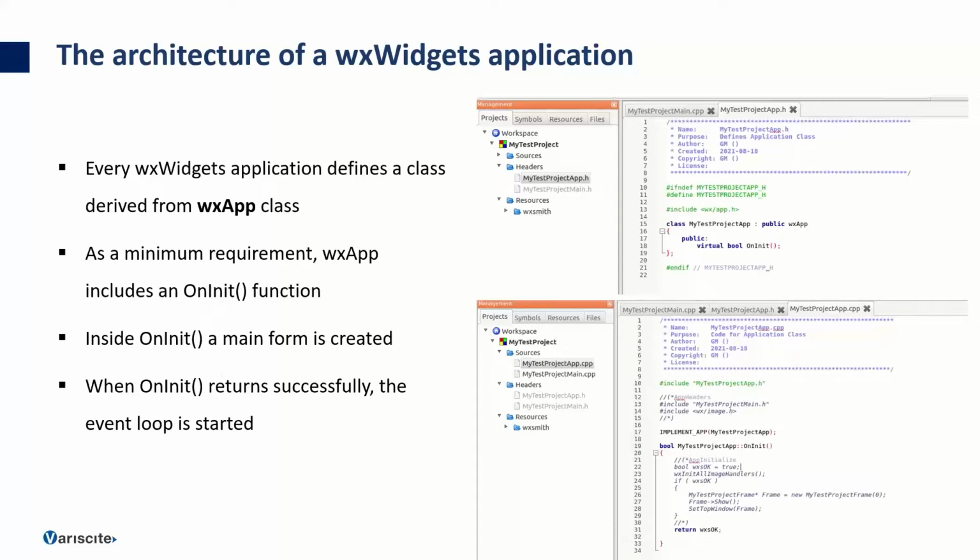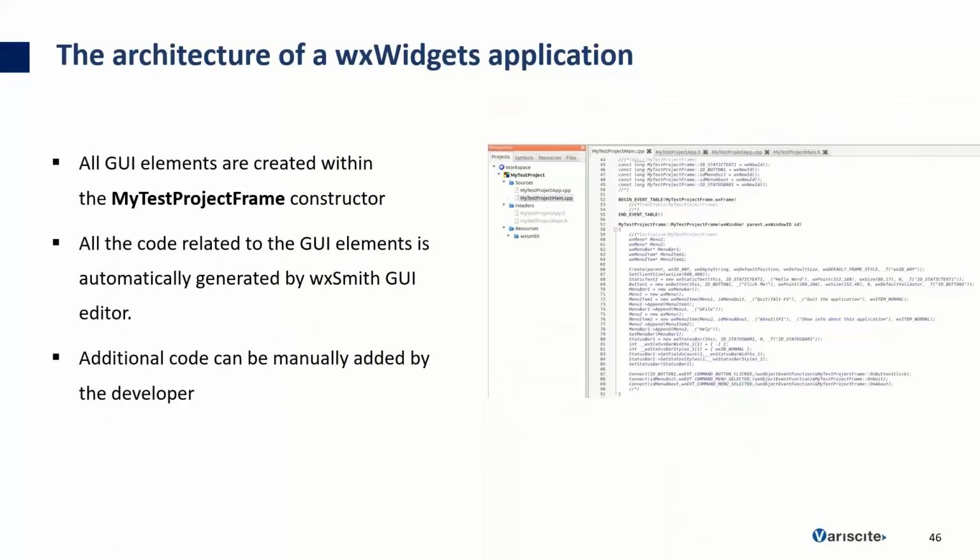So as you can see in the bottom right of the slide, this is the code that is automatically generated, and once it returns successfully, the event loop is started. Okay, basically when you use the graphical editor, all the GUI elements are created within the main application constructor.